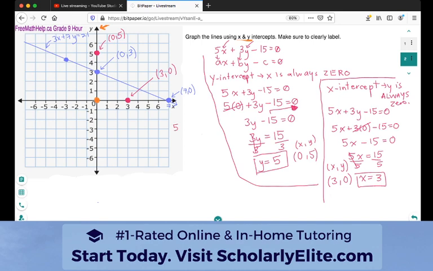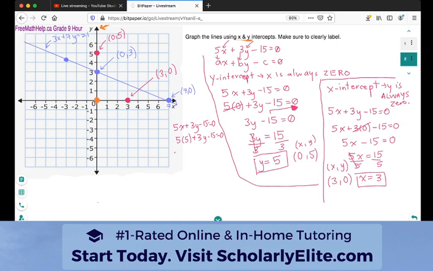So if I have 5x + 3y - 15 = 0, I'm going to pick some random numbers, so let's go ahead and use the number 5 as x. So I'm going to plug in the number 5 as x, so 5 times 5 + 3y - 15 = 0.